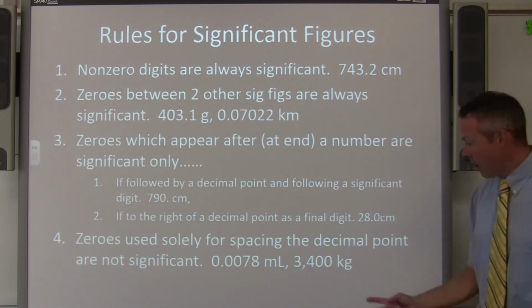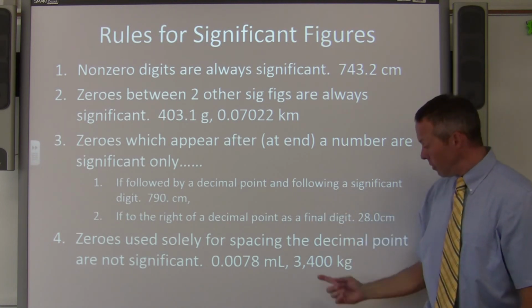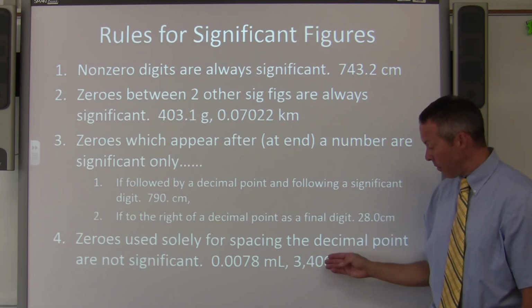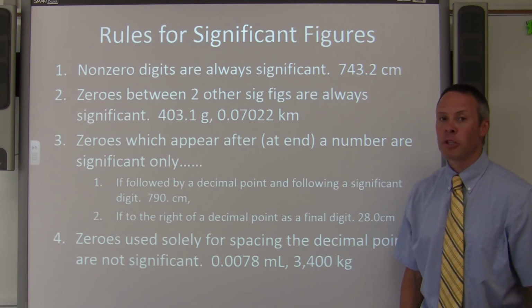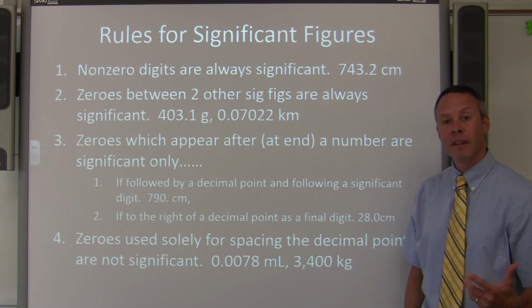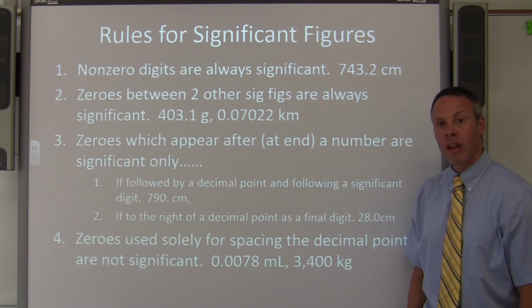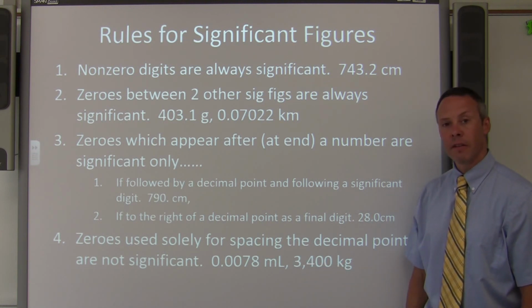Look at this example, 3,400 kilograms. You have a large mass. You need to tell somebody 3,400 kilograms. If you don't put the zeros in, you got 34 kilograms. That's not quite the picture of what you wanted to describe. So you're forced to put those zeros in as placeholders. They are not significant. This value has only 2 significant figures.